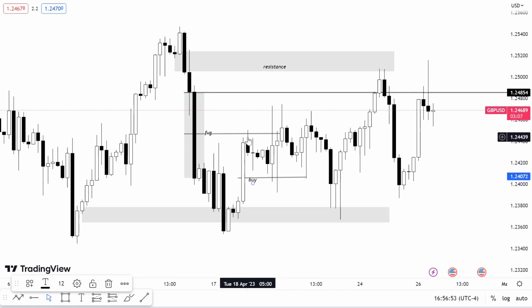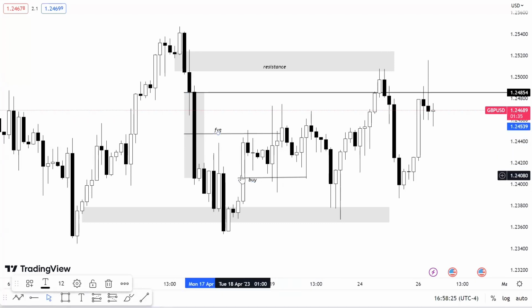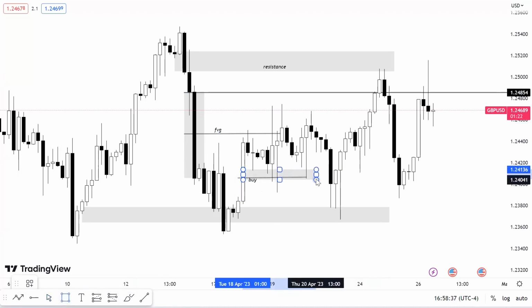So if we were pushing to the fair value gap, we were pushing there to buy the sells of buys. And this candle that has pushed us to this area will take us back down to push us back to buys.